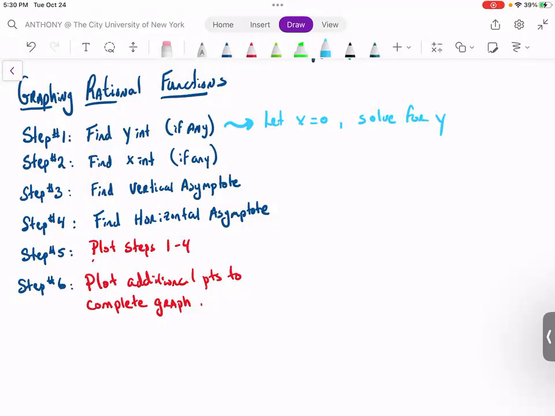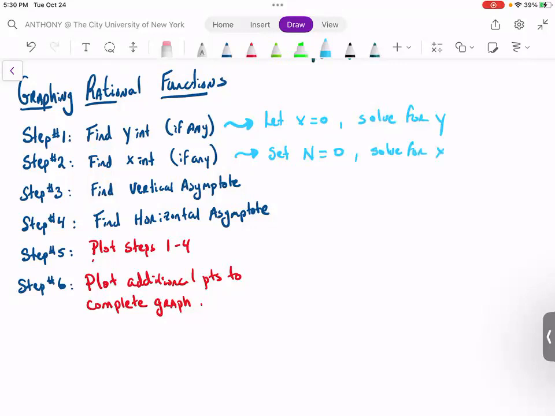But because we're going to have a rational function, the shortcut to this is you set the numerator n equal to 0, solve for x.